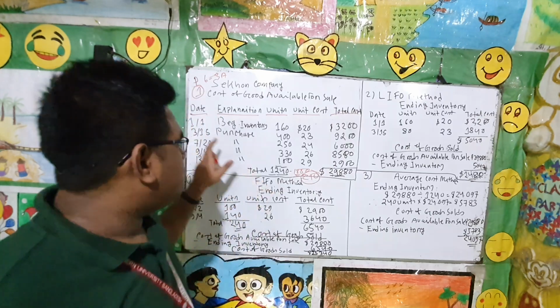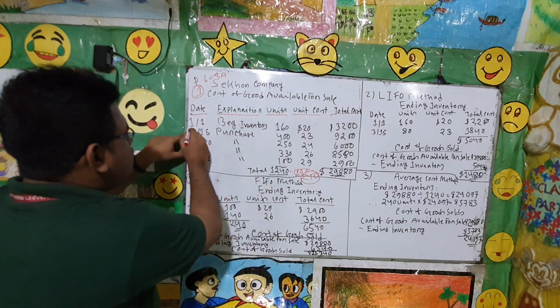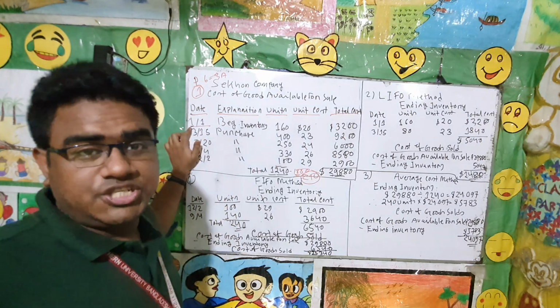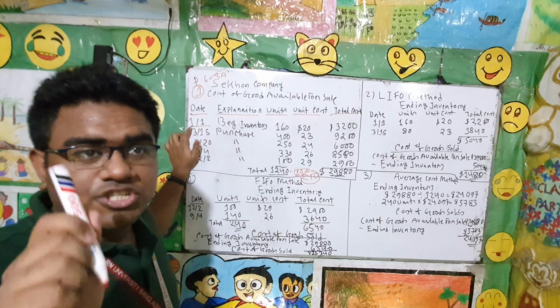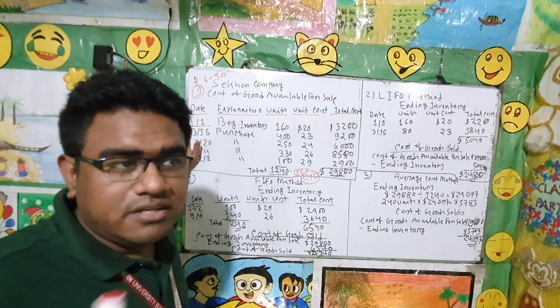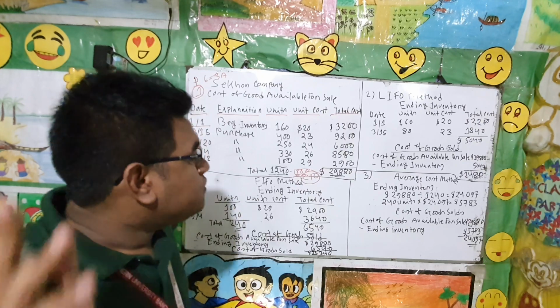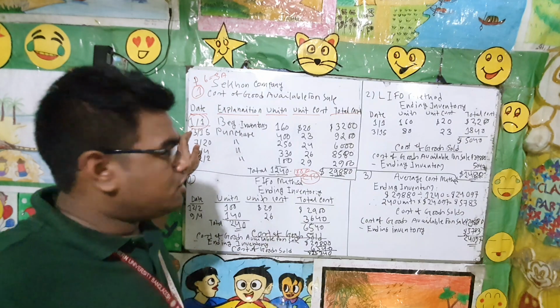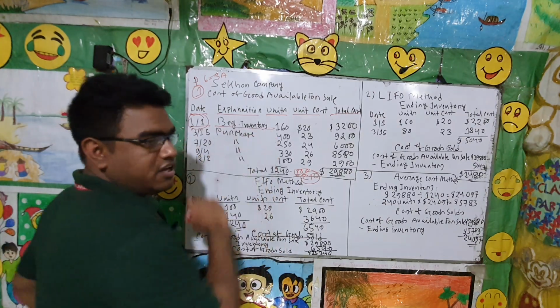Okay, so 1 which means the beginning inventory. I will not mention 1 or January 1st in the question. I may mention the beginning inventory of the year, but you have to write 1 which means January 1st. Don't forget to include the beginning inventory.